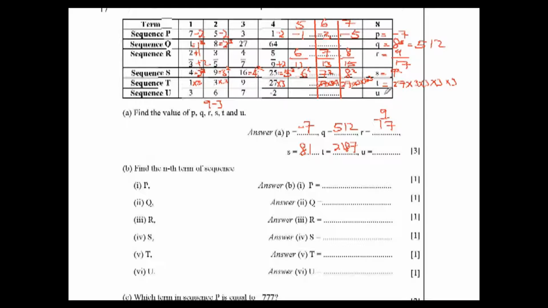So in order to find the value of U, we need to find the difference of S and T. The difference is 81 minus 2187, which is equal to negative 2106.